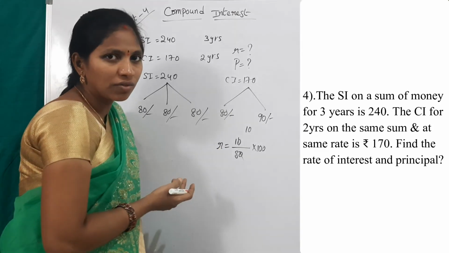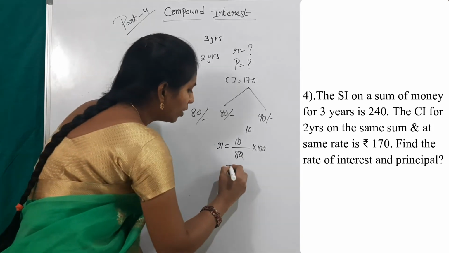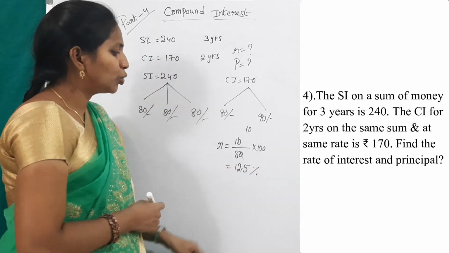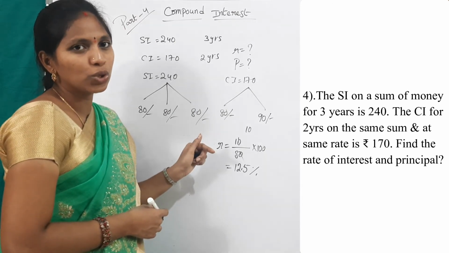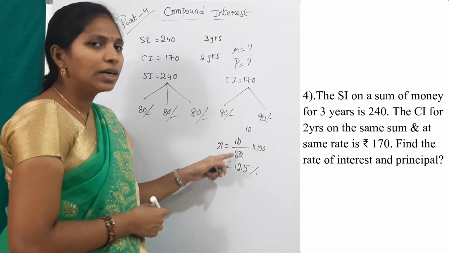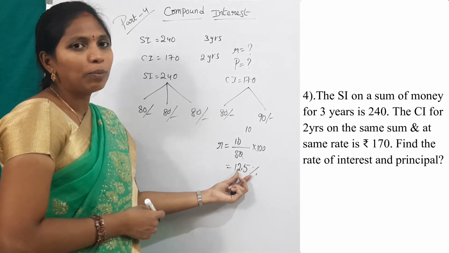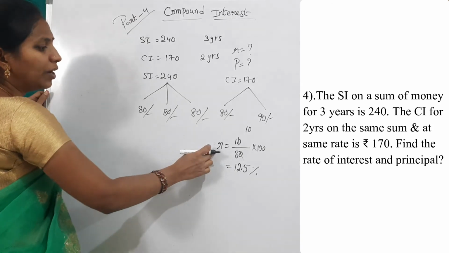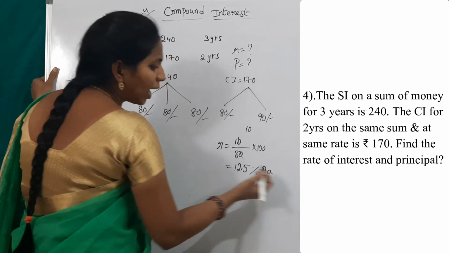What is the fraction value? 1 by 8 value is 12.5 percentage. You should know these percentage values. Already I explained it in the percentages concept. Otherwise, directly calculate 100 by 8, then we get 12.5 percentage. Rate of interest is 12.5 percentage per annum.